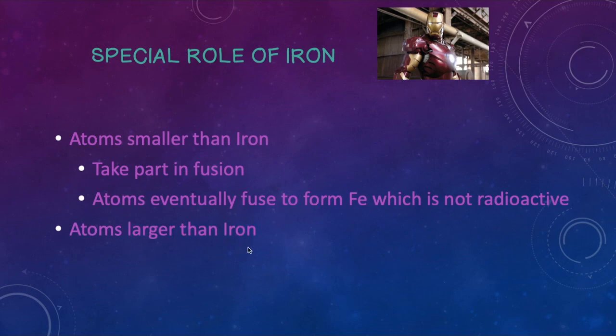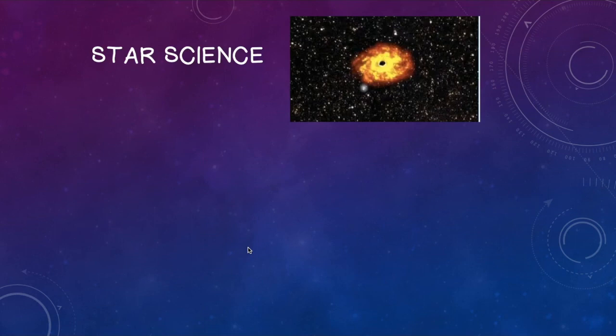But atoms that are larger than iron are more likely to take place in fission. So bigger atoms are more likely to decay and fall apart, that's fission. Smaller atoms are more likely to collide to create new atoms up until iron. So that's just another little connection between some of those atoms on the periodic table.